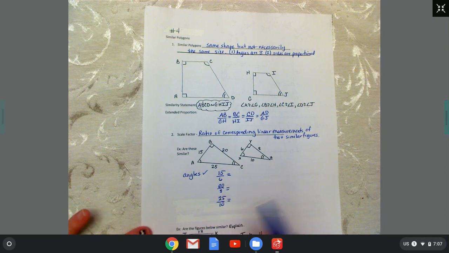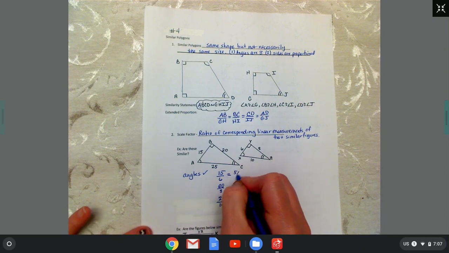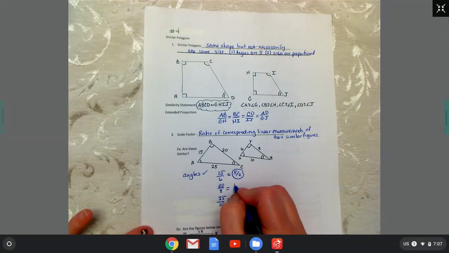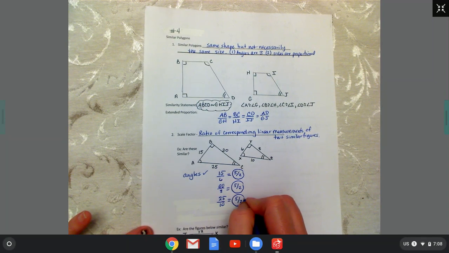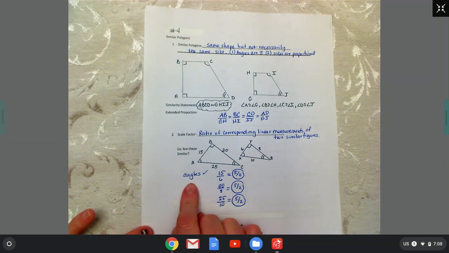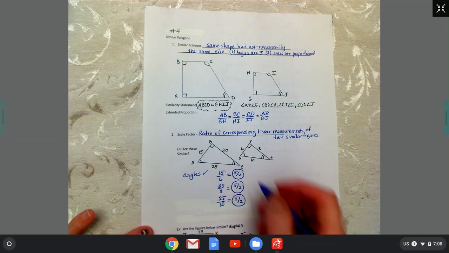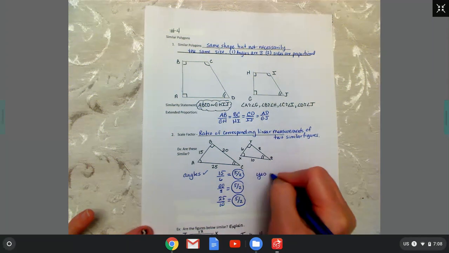So 15 over 6 reduces to 5 halves. 20 over 8 reduces to 5 halves. And then 25 over 10, once again, reduces. As you can see, I did check my angles, my sides, my ratios. The comparison of the sides are proportional. They're all equal. So I can say yes.